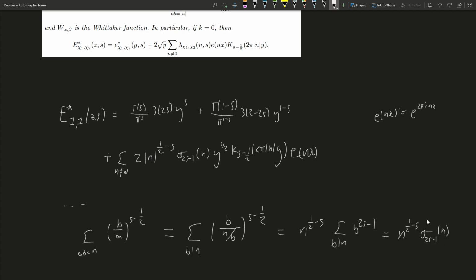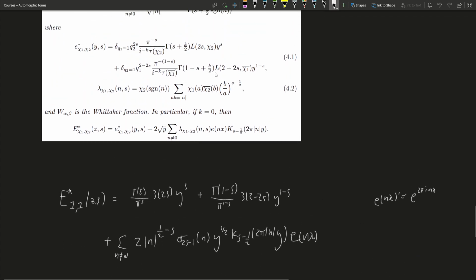Okay, so that's how I took this formula and rewrote it in this way.